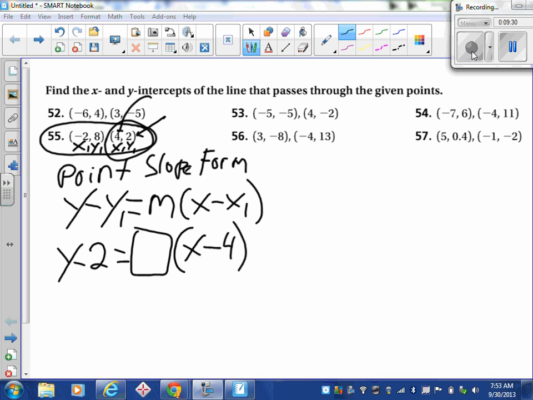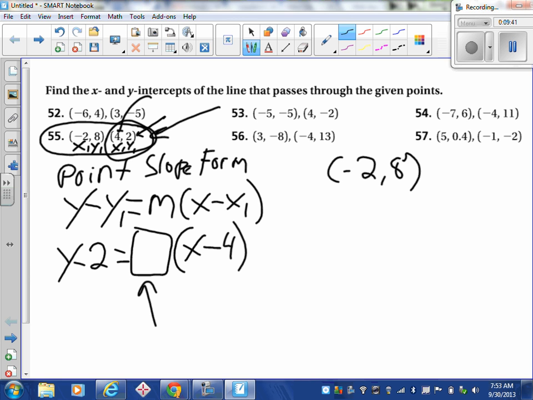Okay, so we're missing the slope. In order to find the slope, I'm going to take my 2 points in here. So we're going to have -2, 8, and then 4, 2.